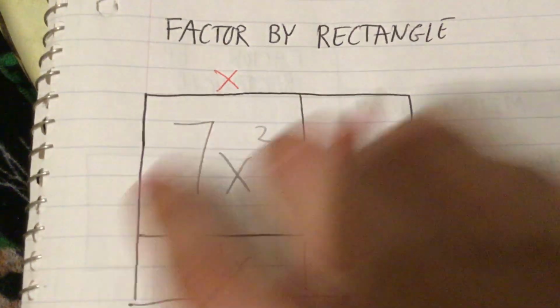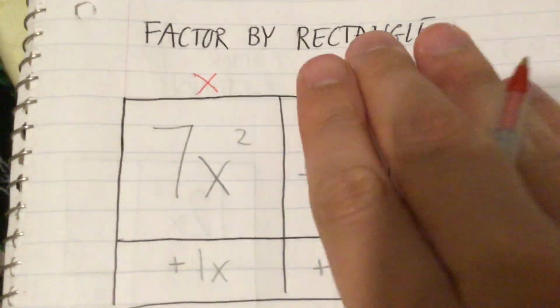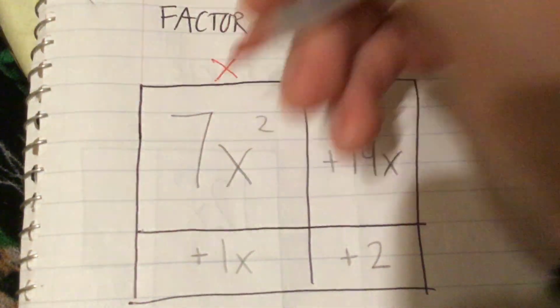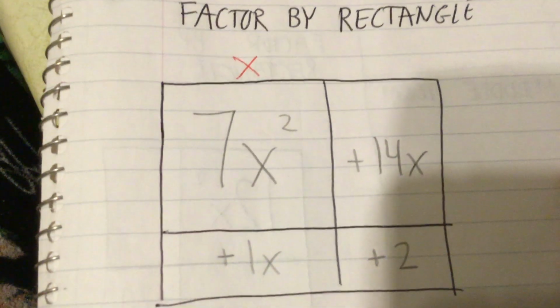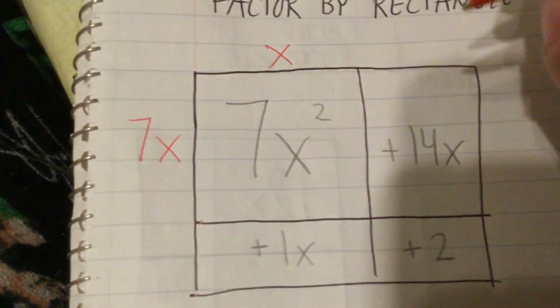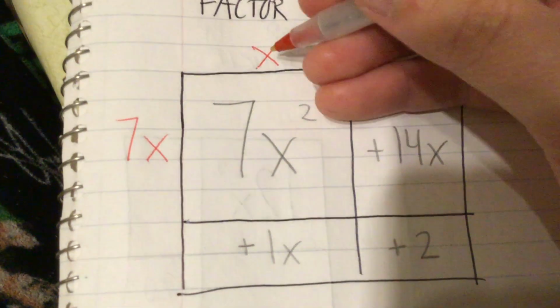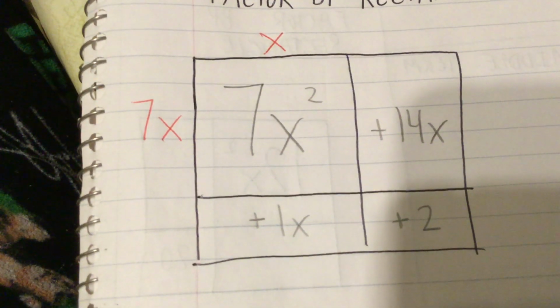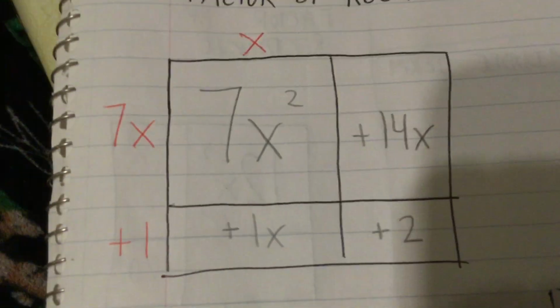The remaining three pieces are going to fall like dominoes. So x times what is 7x squared? 7x. X times what is positive 1x? Positive 1.